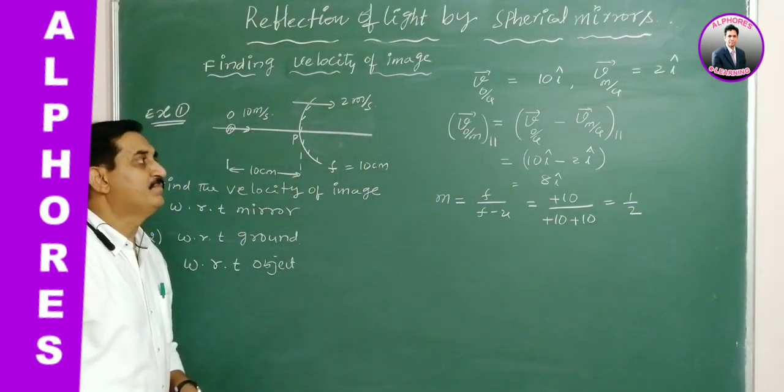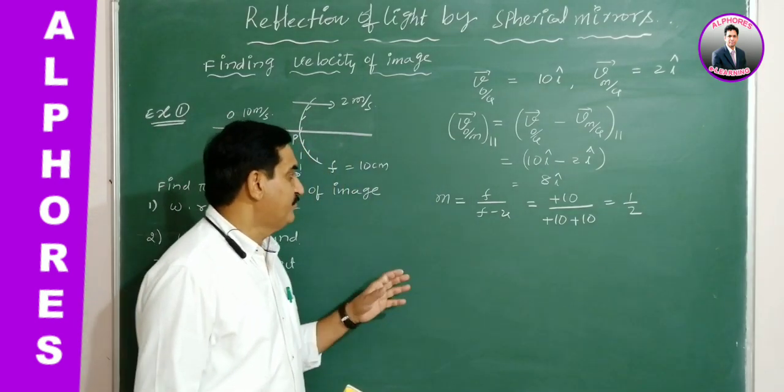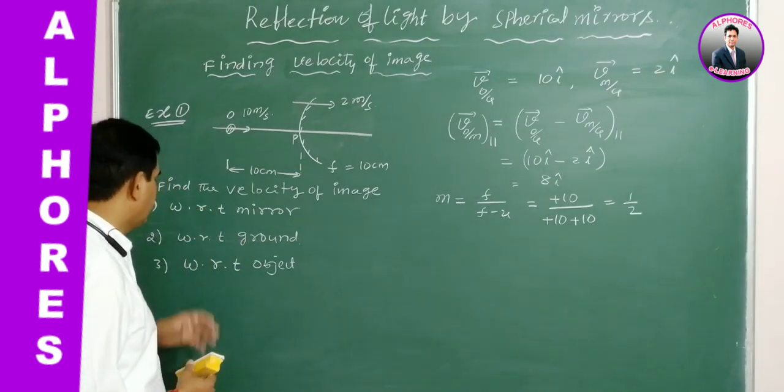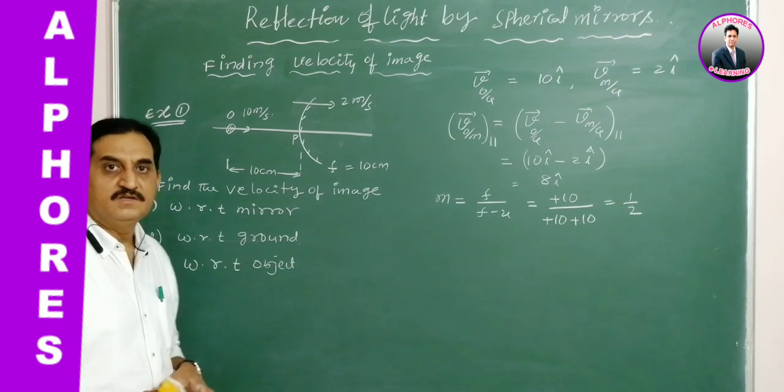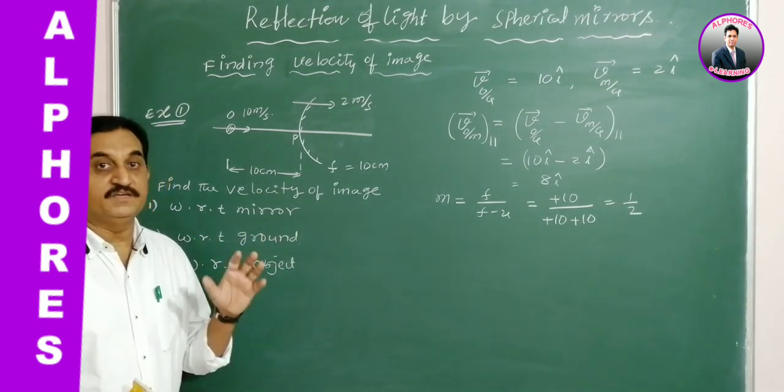So why are we developing all these quantities? While finding the velocity of image with respect to mirror, or with respect to ground, or with respect to object, first we start with respect to the mirror. This is a very important point.